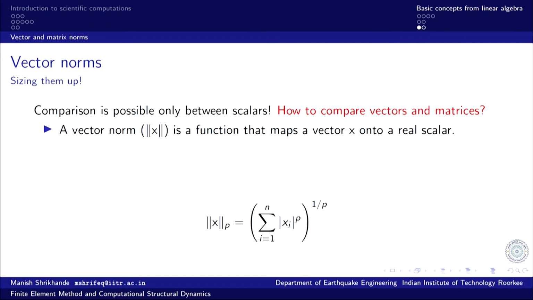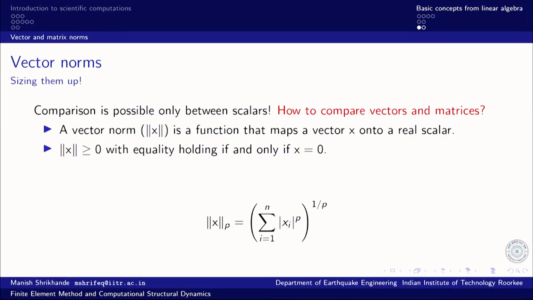For any n dimensional vector, take the absolute value of each element raised to the power p, sum over all the elements, and then take the pth root. That is called the pth norm, and we can generalize it. The norm of a vector is a real number greater than or equal to 0, and it is equal to 0 only if x is a null vector.